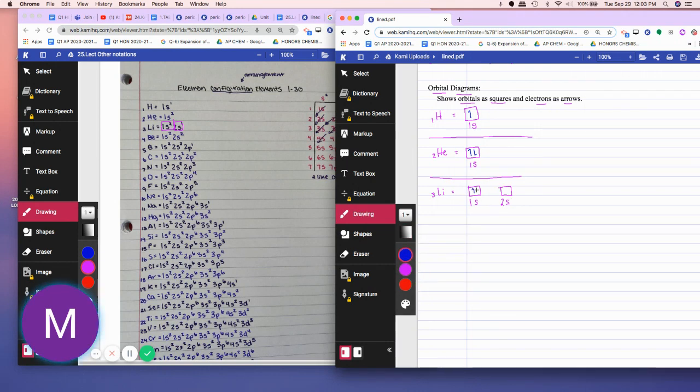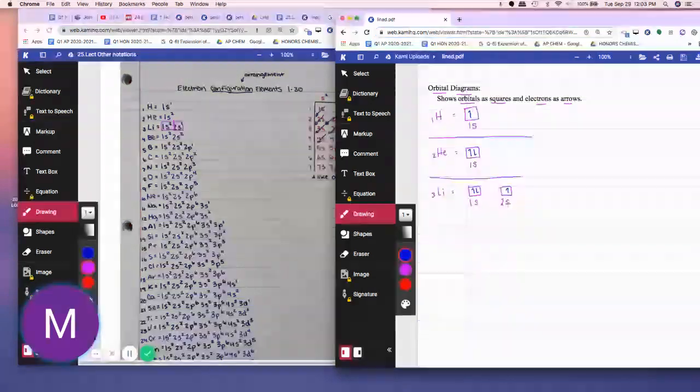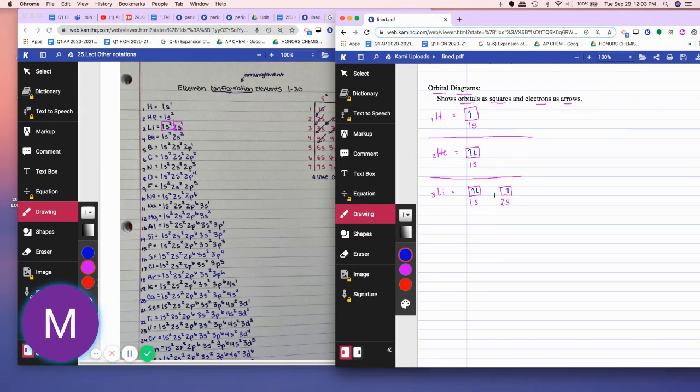And I have 2 electrons here and only 1 here. The squares are not attached because they're not of the same energy. 1s is closer to the nucleus, it is lower in energy and more stable. 2s is farther away, therefore the squares are not attached.